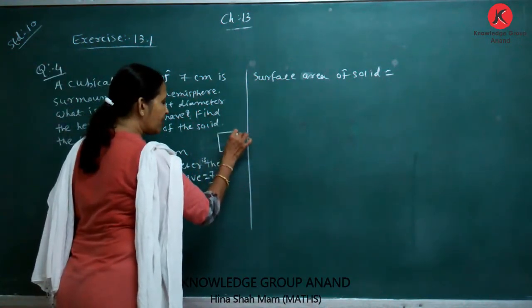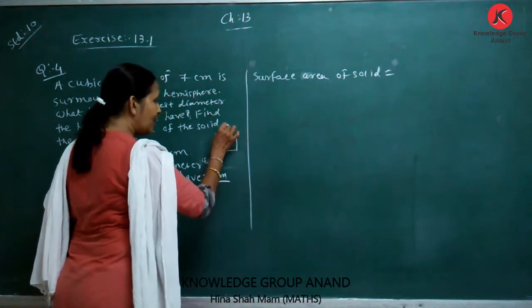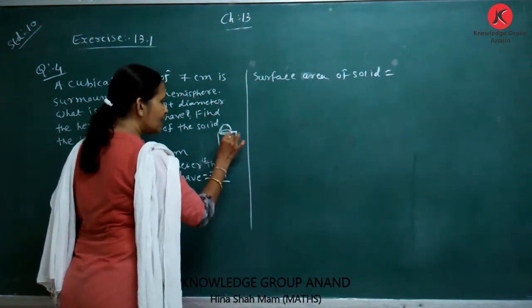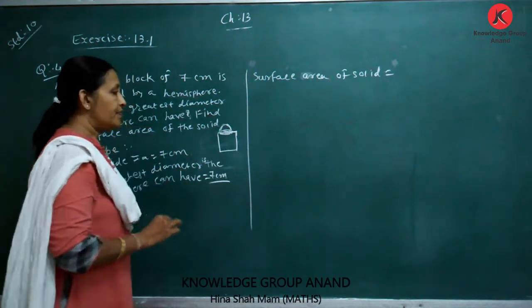It is like this: this is the cube and this is the hemisphere, then minus its base.